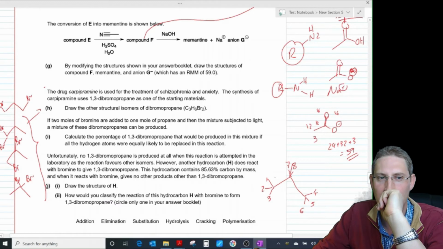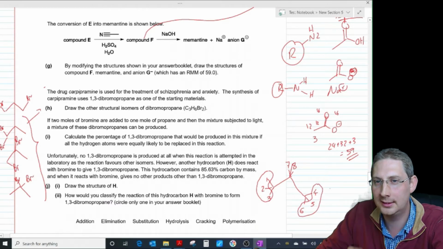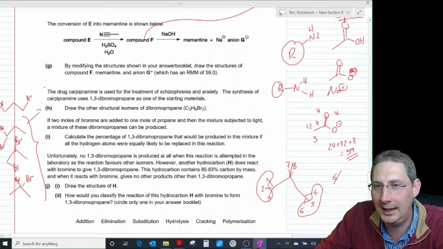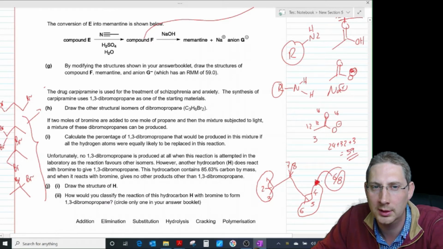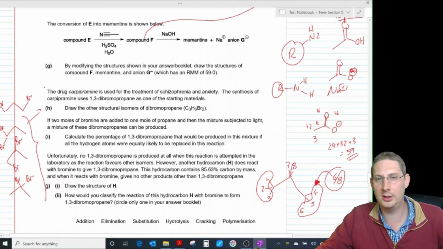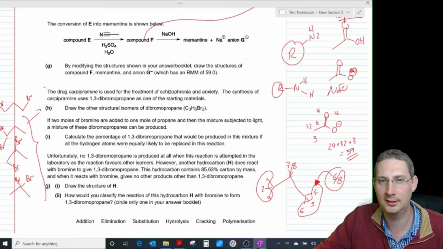So the chance of the first one going on the end, either end, is basically 6 out of 8. So the first one, if all equally likely, the chance that it would go on the end position is 6 out of 8.